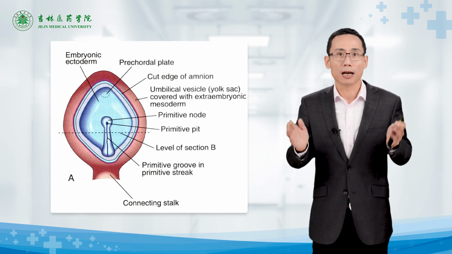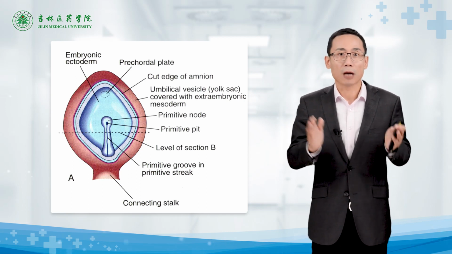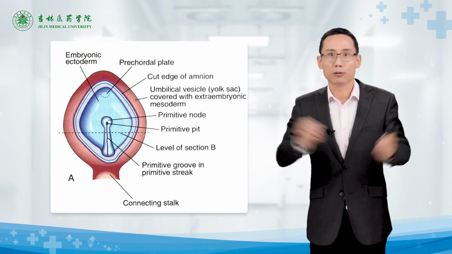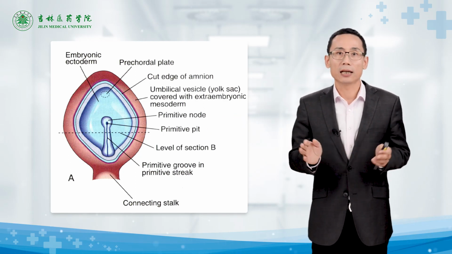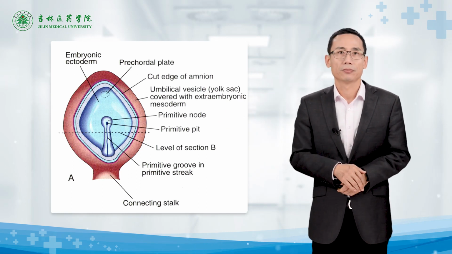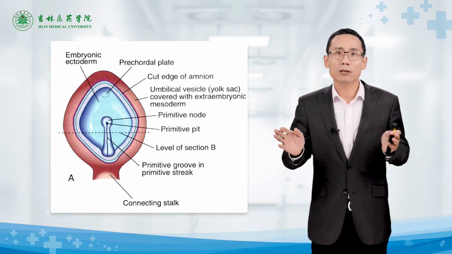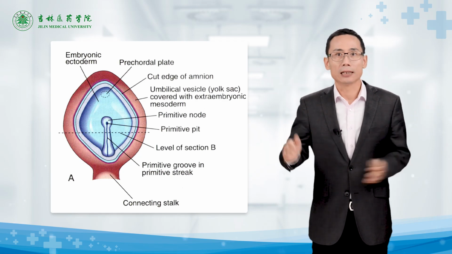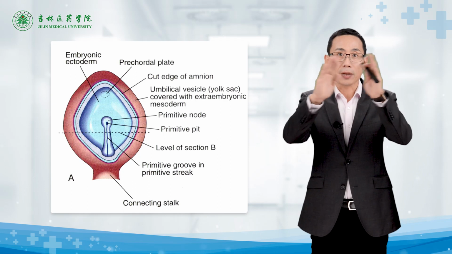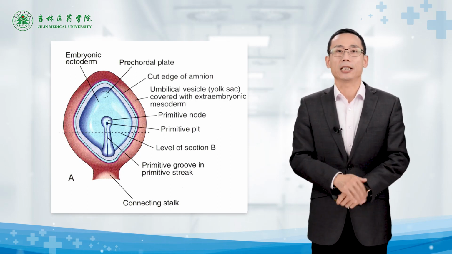The appearance of the primitive streak makes the embryonic disc divided into head and tail, and the end where the primitive streak is located is the tail. Because the cranial end is larger and the caudal end is small, the embryonic disc is pear-shaped at this stage.